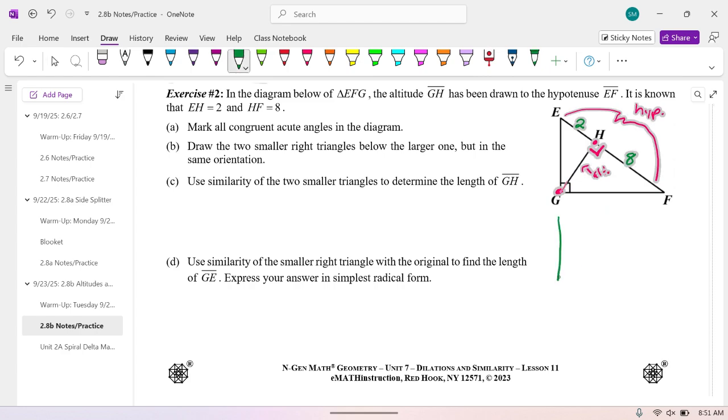So if I draw a triangle, I'm going to want to orient it the same way as the first. So the first has the right angle here. H is what's connected to this right angle. G is where the altitude is. So it's right across. So G would be here because that's our altitude. And F would be here.